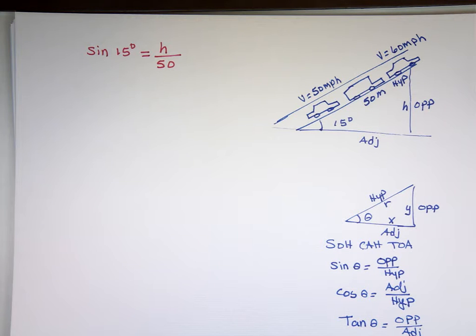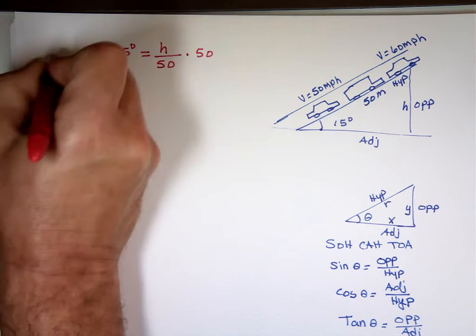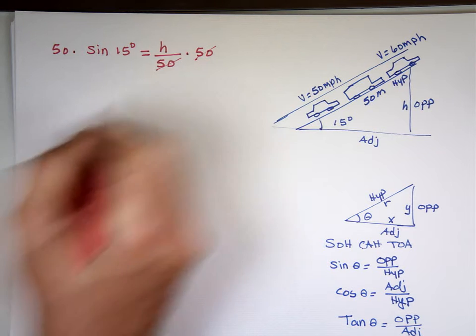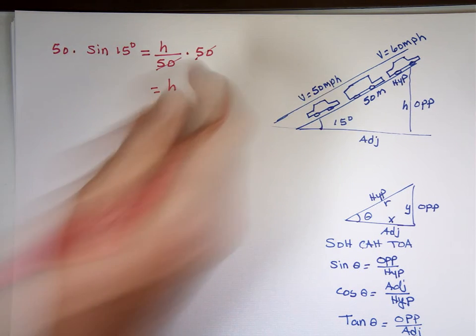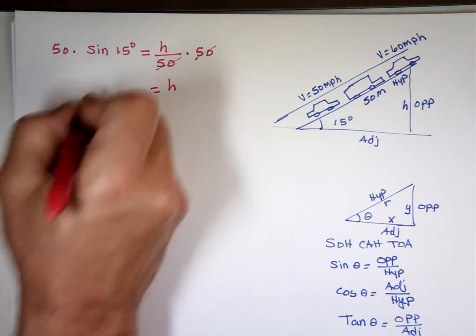Now I can multiply both sides of the equation by 50 to get rid of the fraction. And what's the height? 50 times sine 15. So you climb about 13 meters.